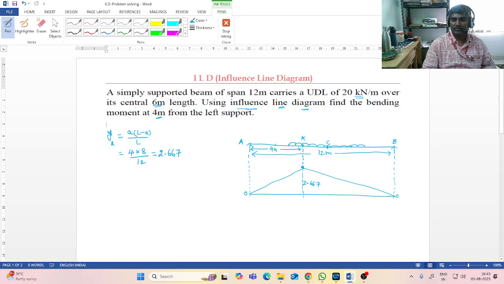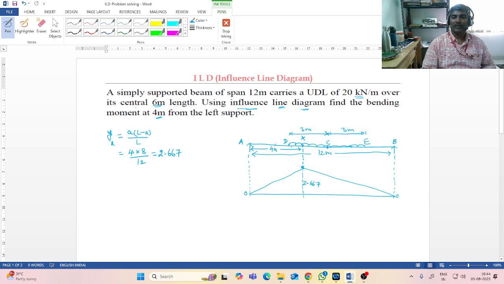Let us say location D and E are the ends of the load. From center towards left it is 3 meters, towards right it is 3 meters. So it is placed in such a manner as explained.